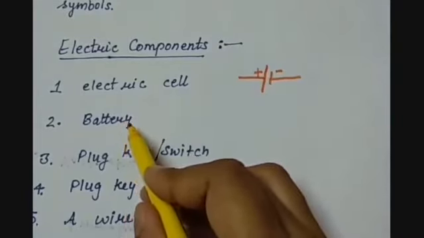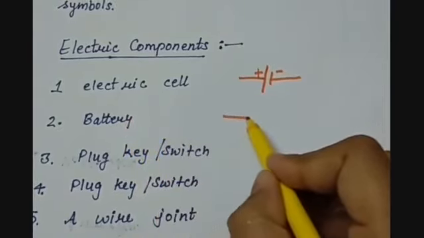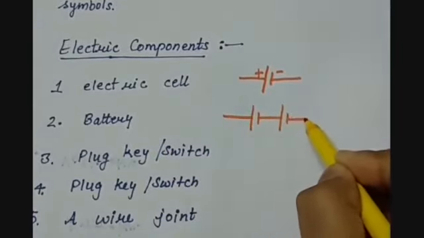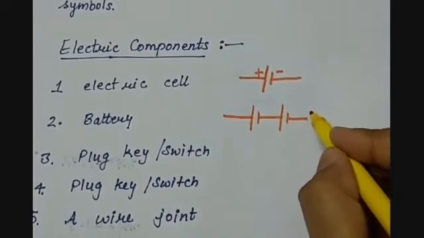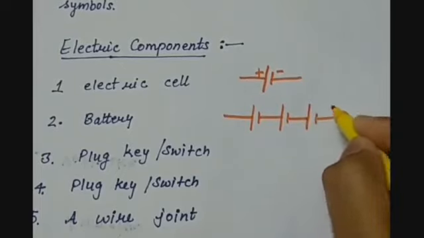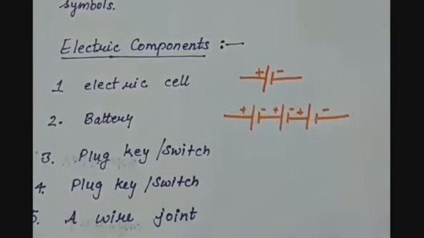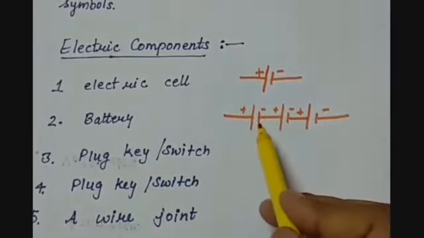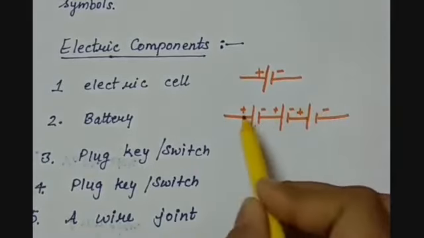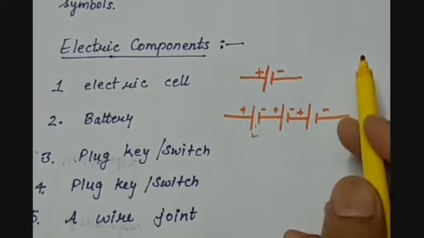Battery, or you can say it is a combination of two or more cells, and it is represented as, or you can have two or more than two cells. For each cell you will be having the positive and negative terminal, and this way finally you will get the combination of positive and negative terminal which will be connected with an electric circuit.